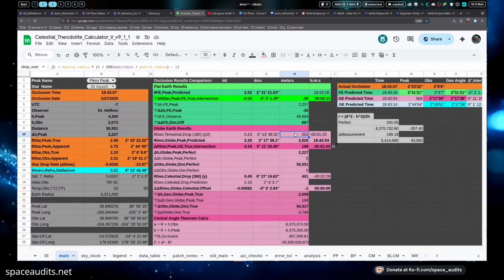So there's 200 meters of drop over distance that occurs as the star makes its transit of 2 minutes and 30 seconds to cross this 27 arc minute central angle, so that for the observer it'll go from 2°33' to 2°06'. This is how long it takes: 2 minutes 30 seconds.